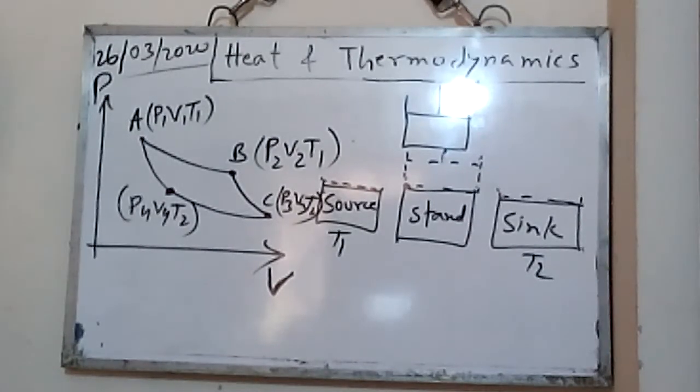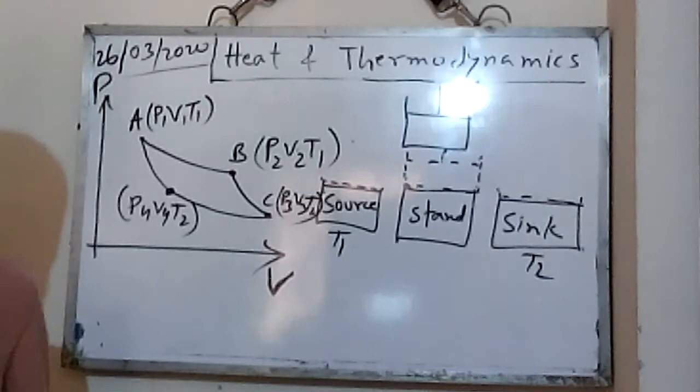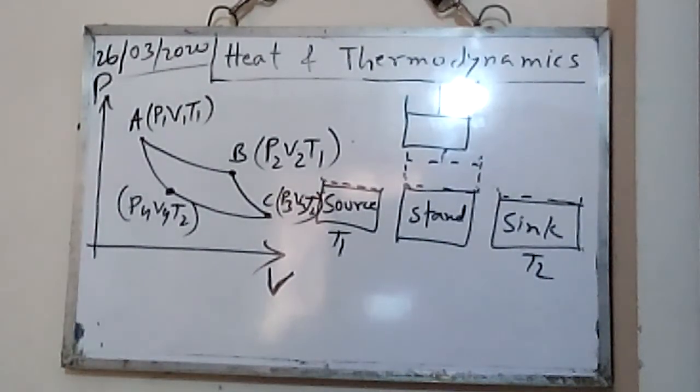Adiabatic means where heat is not absorbed or given, heat is not flowing to any other substances. Therefore, these are the four operations of the Carnot cycle.